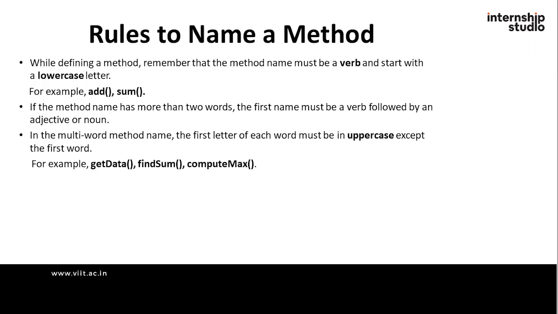Rules to name a method. It is exactly like variables, with a very minor difference. While defining a method, remember that the method name must be a verb and start with a lowercase letter. Starting with a verb is a standardization criterion, otherwise it will not give any compilation error.